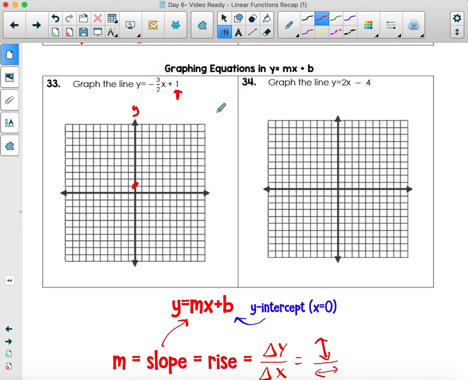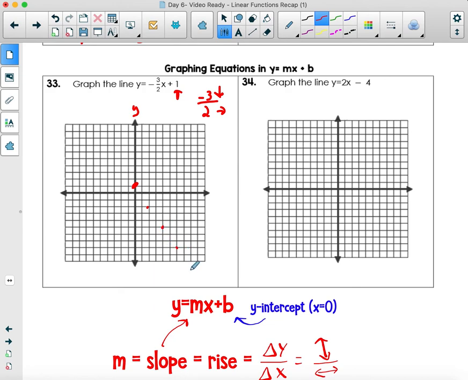And my slope is negative 3 over 2. Now, the negative sign is out in front. I choose to throw it to the top number. You can only use that negative sign once, and it's telling you to go down 3 and to the right 2. So from my point, my y-intercept where I began, I'm going to move down 3 and to the right 2. And I'm going to keep going down 3 and to the right 2.